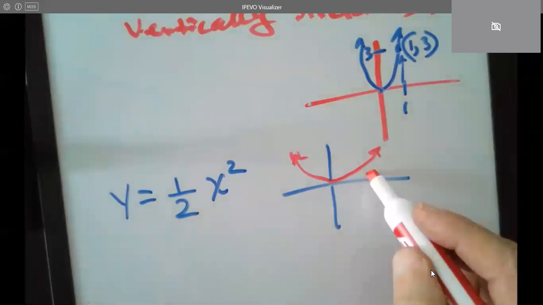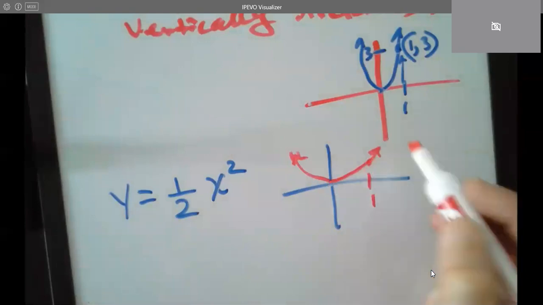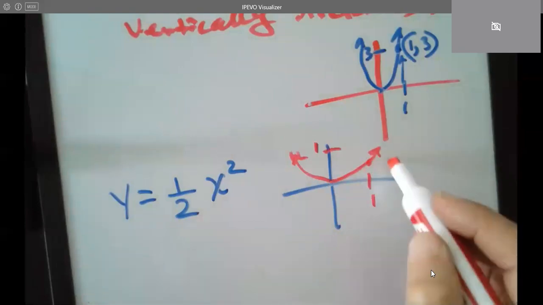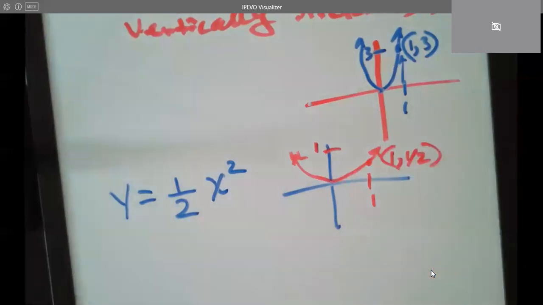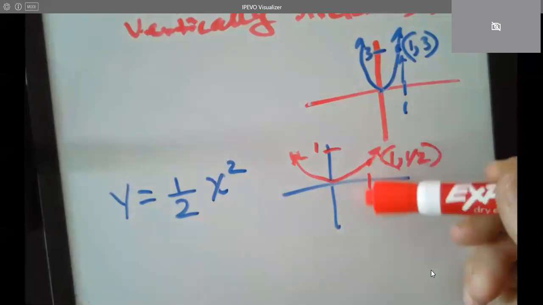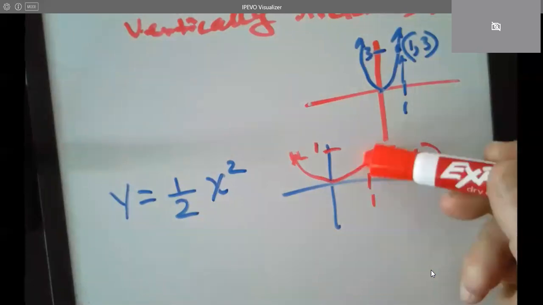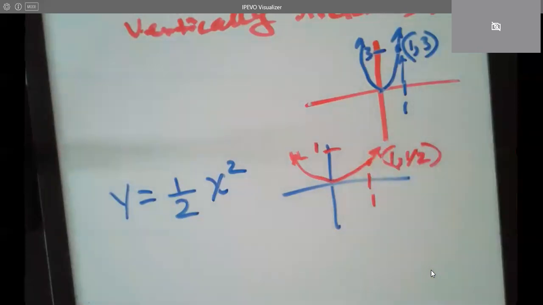So now, instead of being at 1, 1, it's at 1, 1/2. So it widens that graph out, or it compresses the distance between the curve and the x-axis, all right? So that's what we're talking about there.